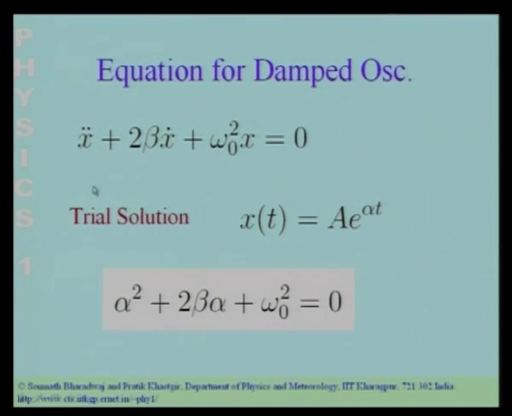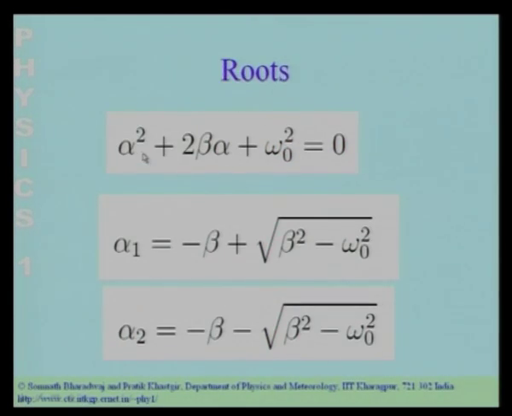You have to now solve this quadratic equation, which is very easy to solve, and we all know that it has two roots. The two roots are minus beta plus square root of beta square minus omega naught square, and the other root is minus beta minus square root of beta square minus omega naught square.